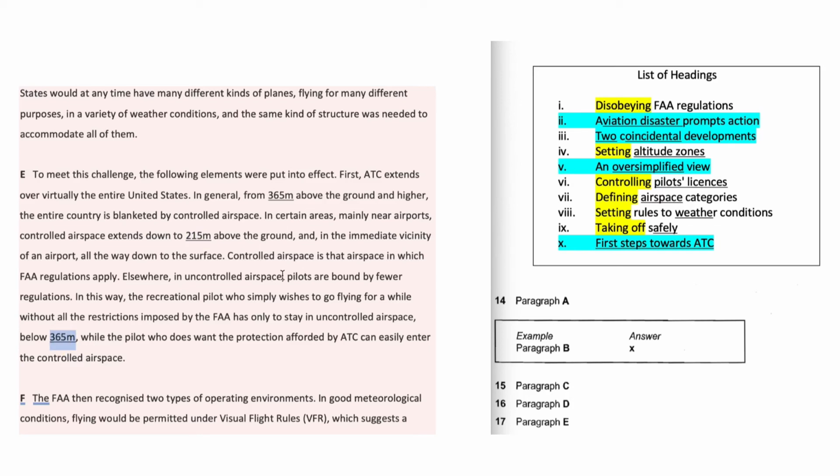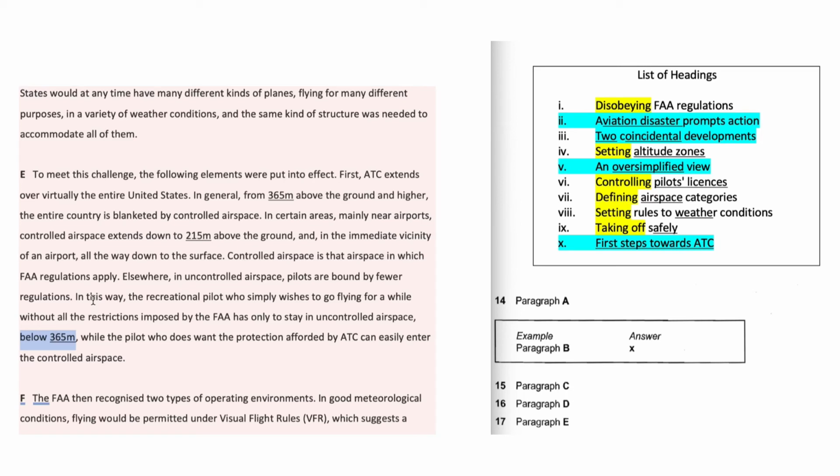Now, what type of numbers are there? They're expressing the altitude, because you've got from 365 meters above the ground and higher. And then you've got 215 meters above the ground. And then again, you've got below 365 meters.